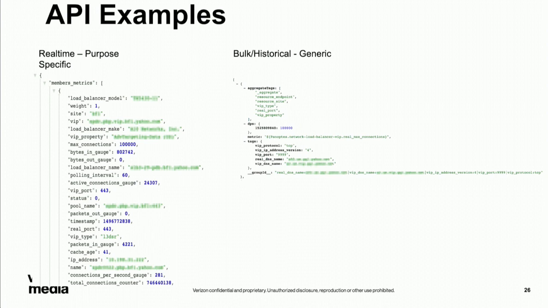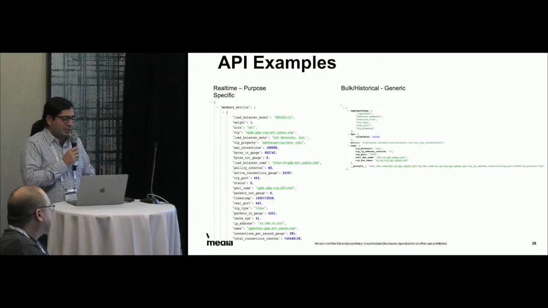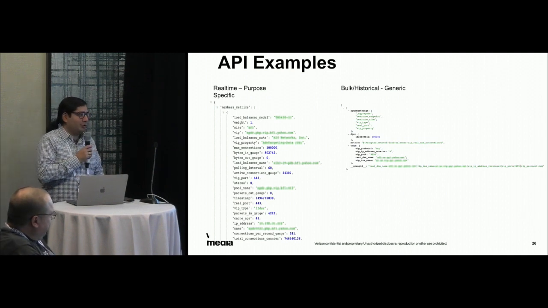What we're doing is we're querying load balancers in both cases. At first shot, it's going to seem that the bulk and historical data query is simpler than the query for the purpose-specific real-time API. The problem is with the bulk or historical API, you have to learn a whole new query language.